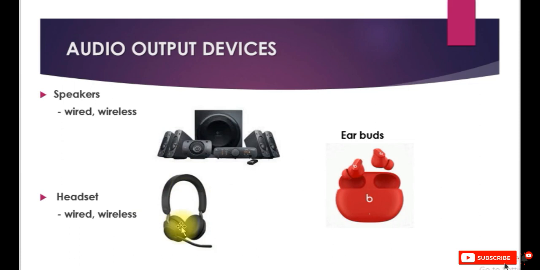If it is wireless, then it would be Bluetooth, for instance. And of course, we have earbuds, and these are typically Bluetooth. So these are some very common types of audio output devices.